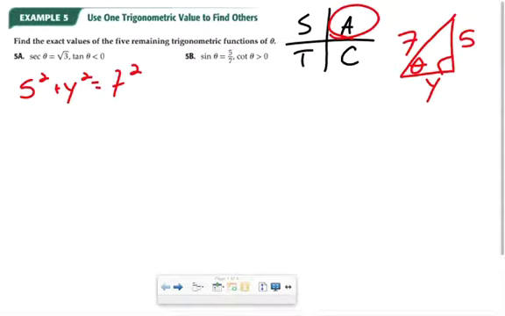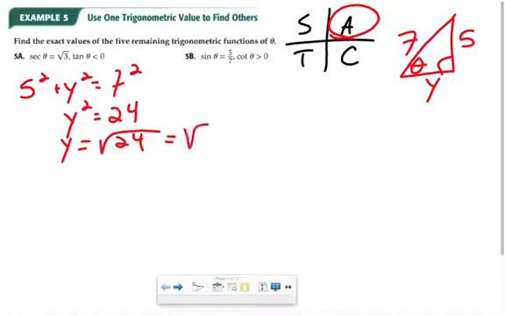So 49 minus the 25 is going to be 24 equal to y squared. So y is the square root of 24, and let's go ahead and simplify radicals because by now you should be able to. 24 is divisible by 4, which is a perfect square. So my y is 2 radical 6.